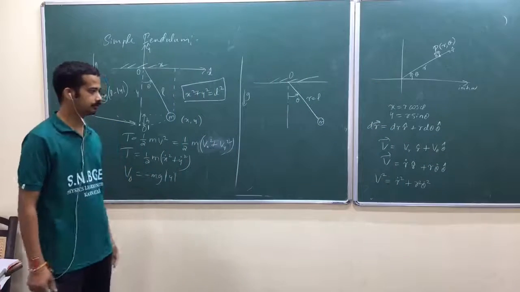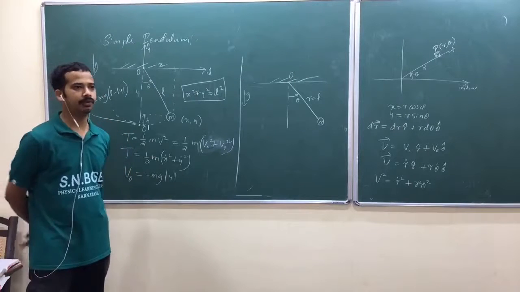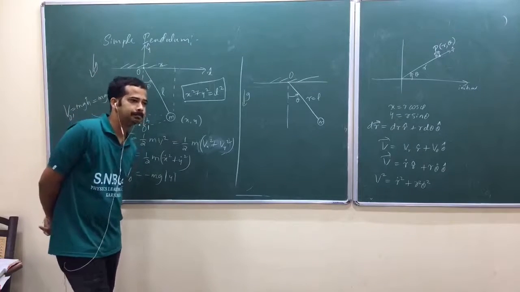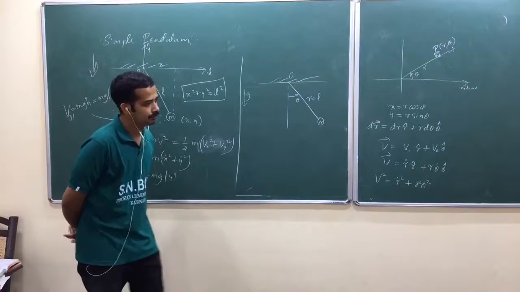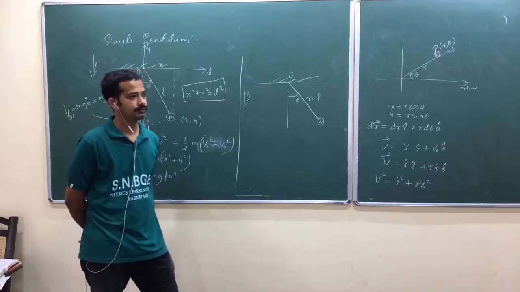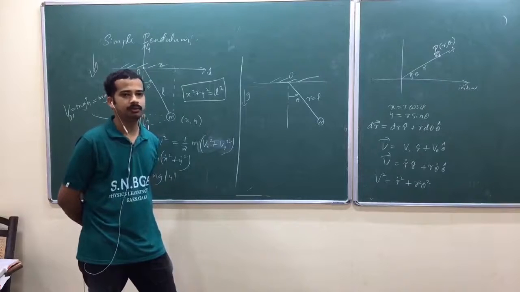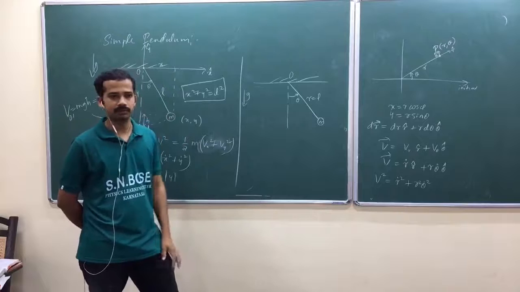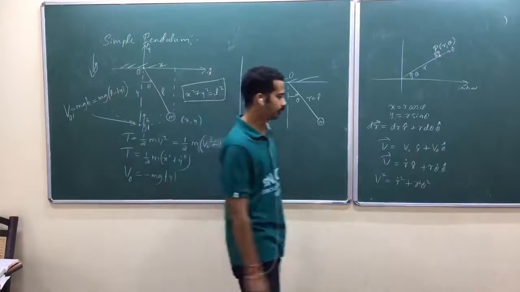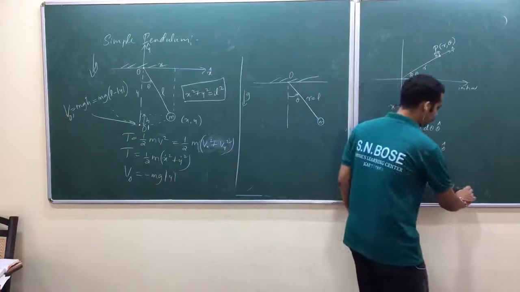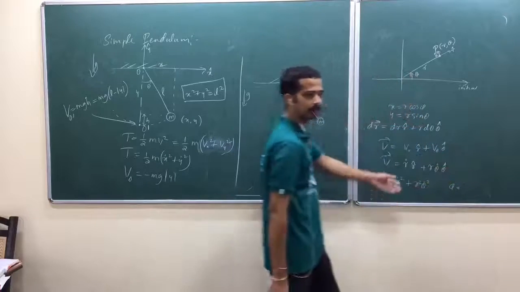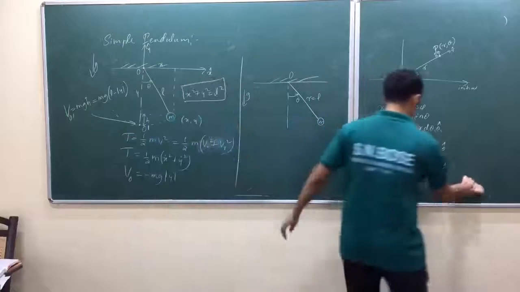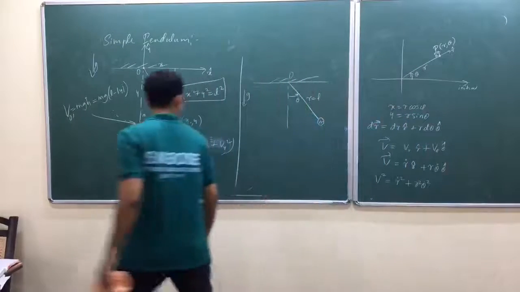So in the spherical polar coordinate, if you put phi equal to constant, phi dot will be 0, that part will not be there, and it will convert to plane polar coordinate, okay? Yeah, we shall see that. We have that kind of problem here.